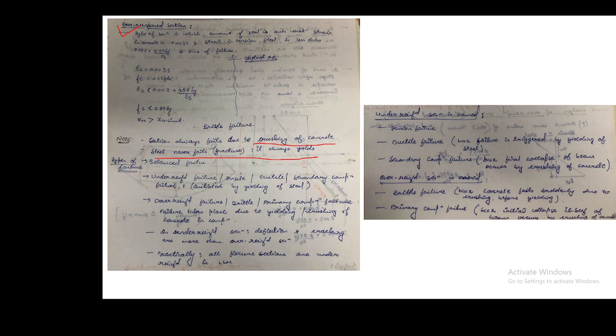What will happen if we consider the ultimate strength of steel as the design strength? Here we always say fy, so what if we consider fu? What will happen?